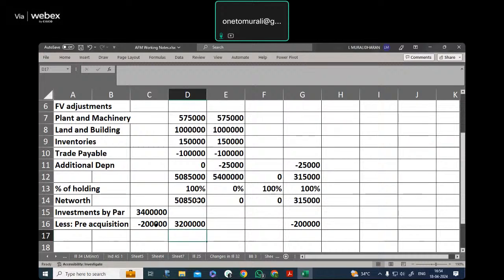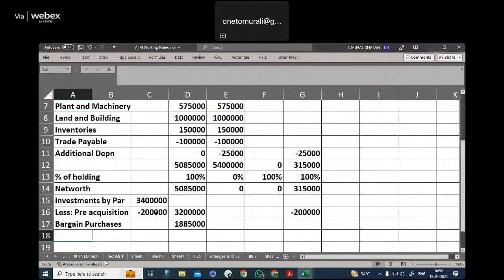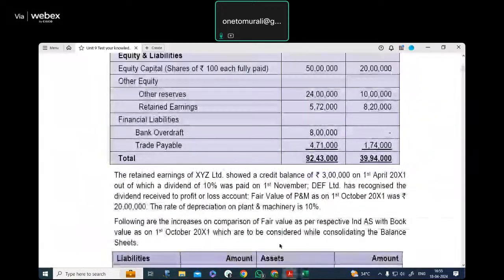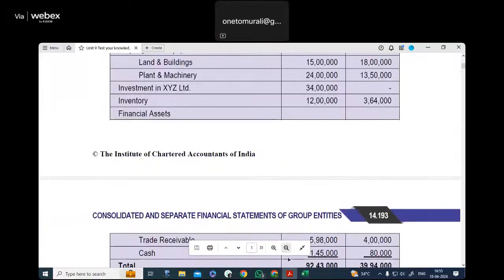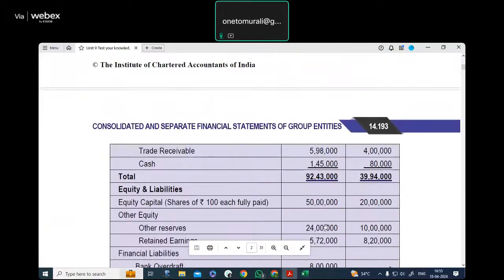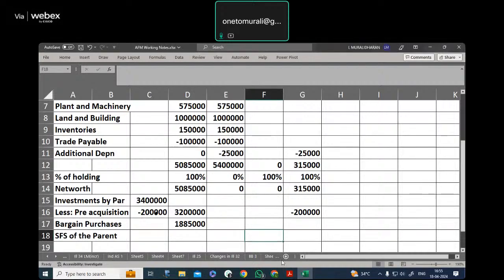So this results in bargain purchases. This minus this. Then share of the parent with general reserve there. General reserve there 24,572. 24 lakhs, 572 lakhs.